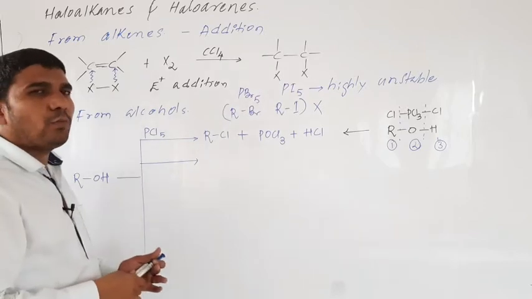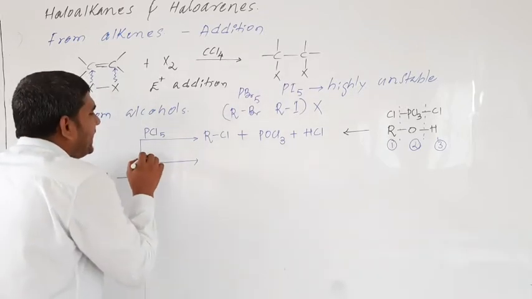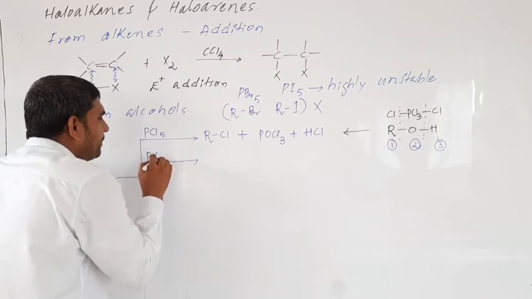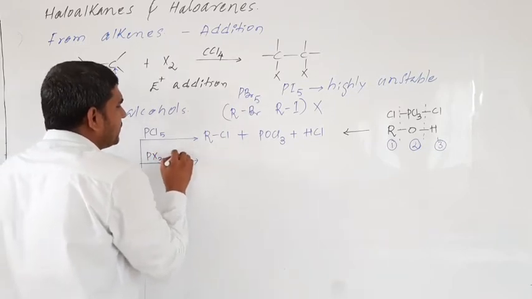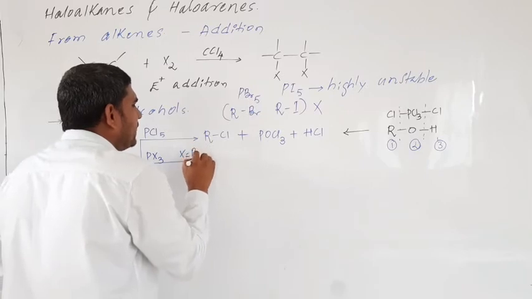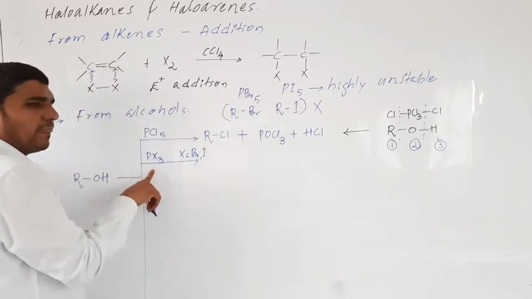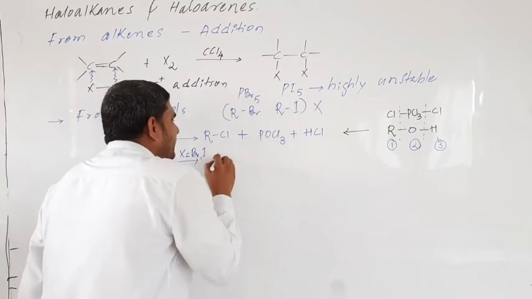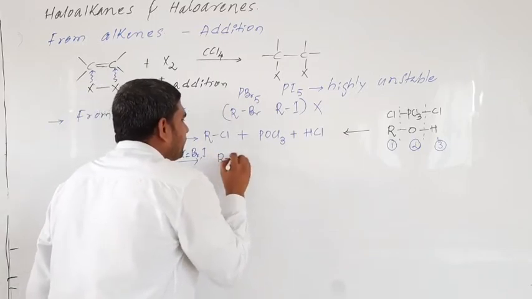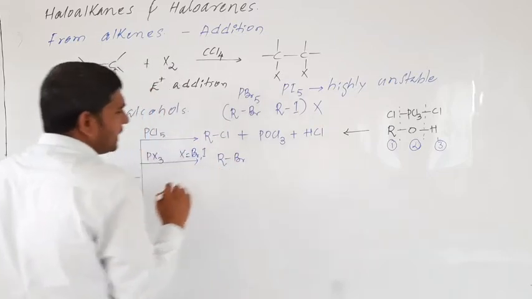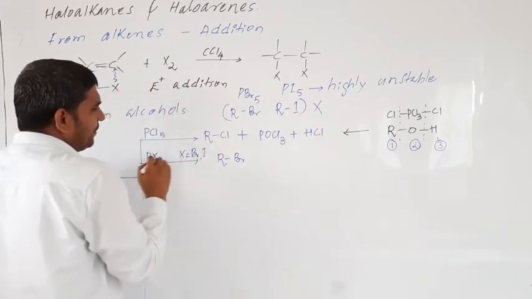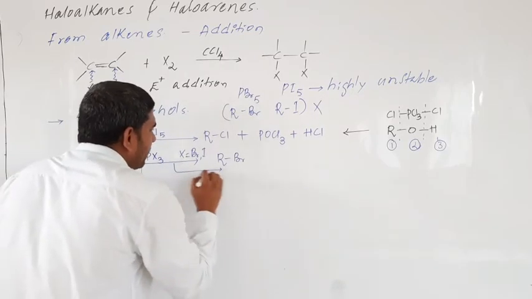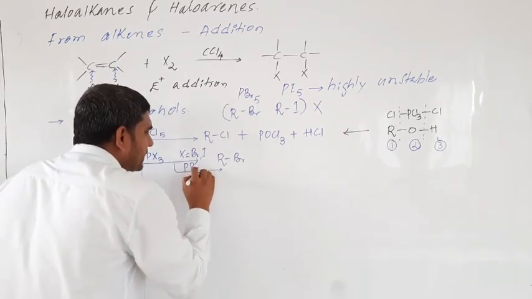Then how to prepare bromo and iodo? By using trihalides, by using PX3, where X is either Br or I, okay. means PBr3. If you take PBr3, you will get RBr.